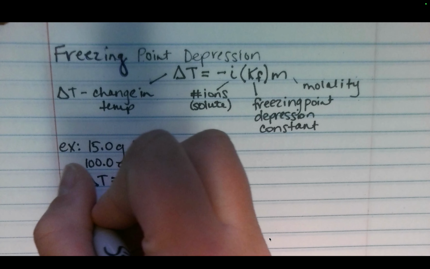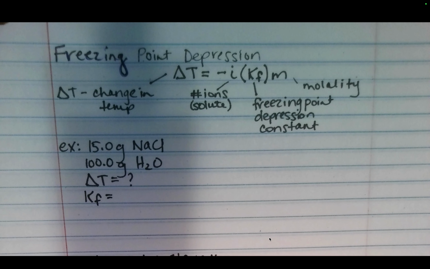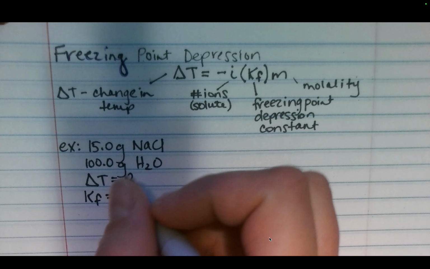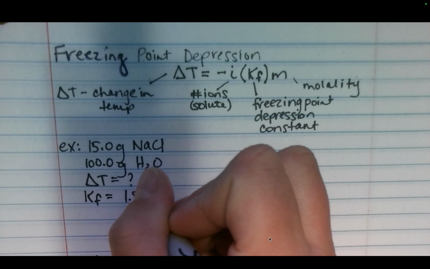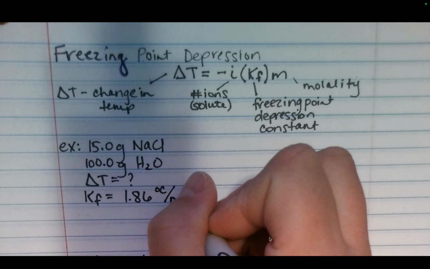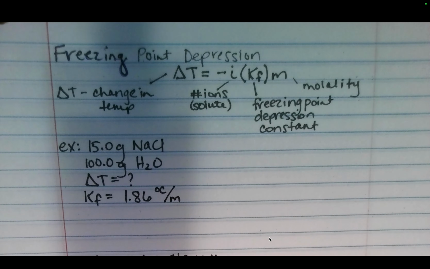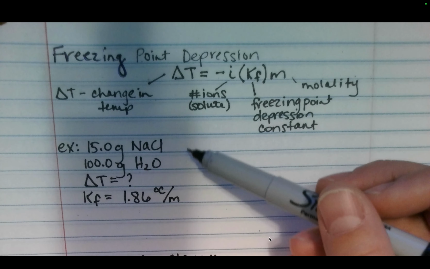You would be given that your freezing point depression constant is whatever based on the solvent. So my K sub F for water is 1.86. This is going to be given in degrees Celsius per molality. And that will all make sense when everything cancels out. So from here, I have some information.